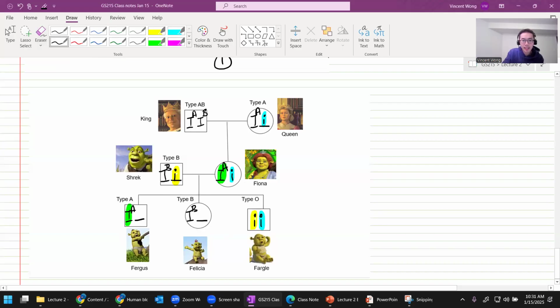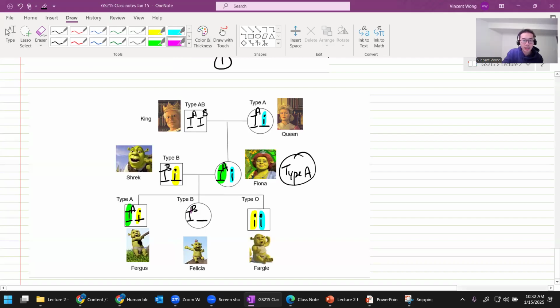So Fiona is IA little i, type A. That's the only possibility. Okay, so let's wrap this up. What about the rest of the genotype? Well, the rest of it must be from Shrek, and it wouldn't be IB because if it was, then the blood type would have been AB. Therefore, it must be little i.